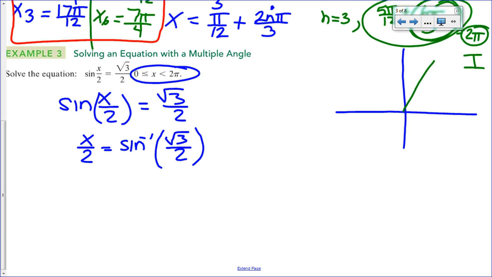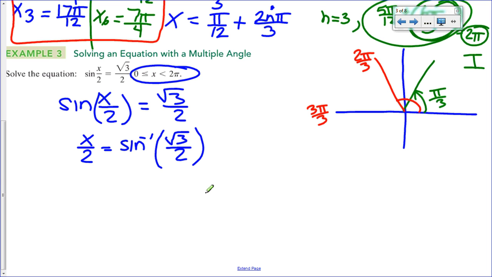Pi over 3, right here. And the other one is going to happen here, and that angle will be, it's not 3 pi over 3, 2 pi over 3. Very good. Okay, so those are our two solutions.